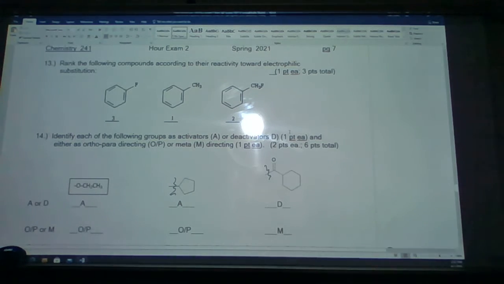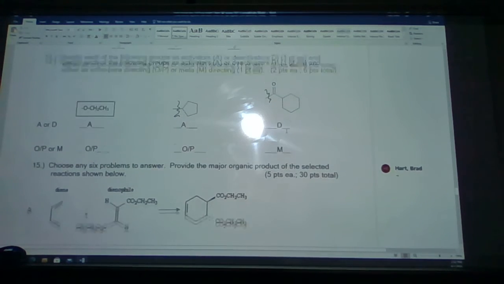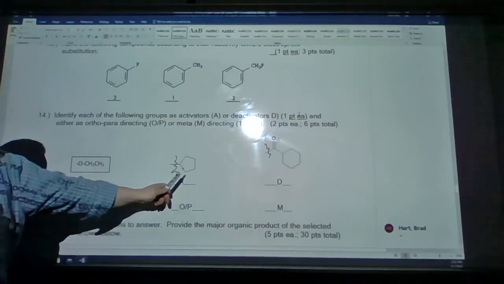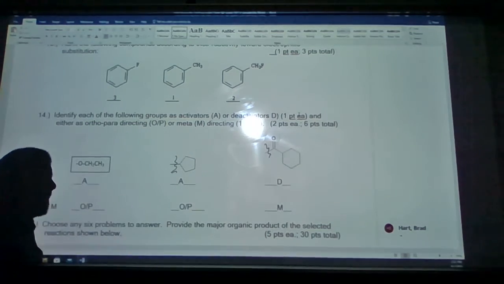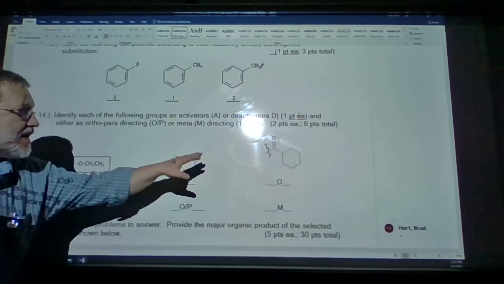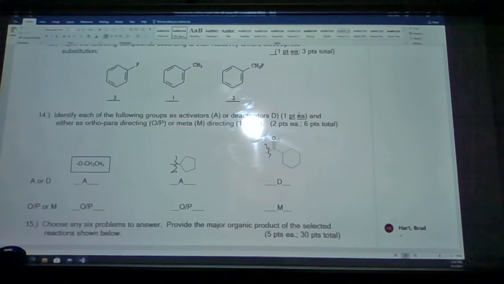Number 14, identify each of these, the OCH3, the cyclopentyl, and this cyclohexenol. Identify each of these groups, this guy, that guy, and that guy, as either deactivators or activators. Do they dump electron density in the ring, or do they donate electron density, or do they pull it out?